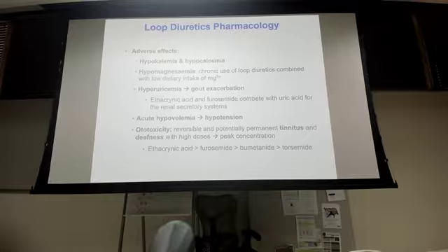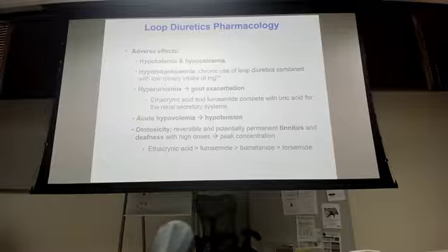Kind of a unique one is the ototoxicity, which is mentioned there. So it's reversible, but it could potentially cause permanent tinnitus and hearing loss in very high doses, peak concentration. What do we say about loops? Do they have a low ceiling effect to where we get to a certain level and they stop working?